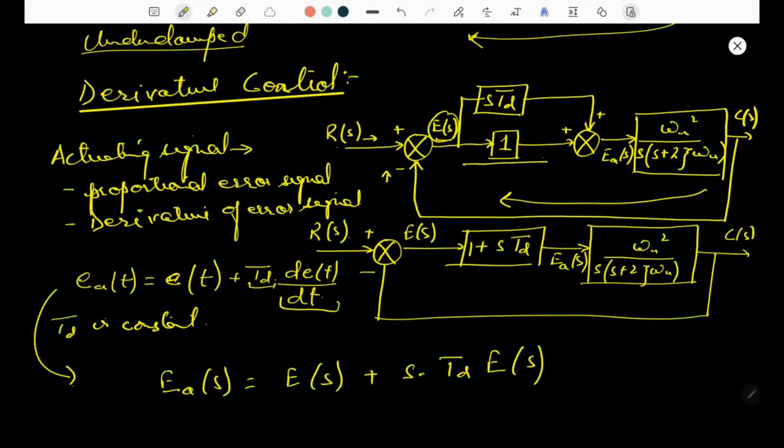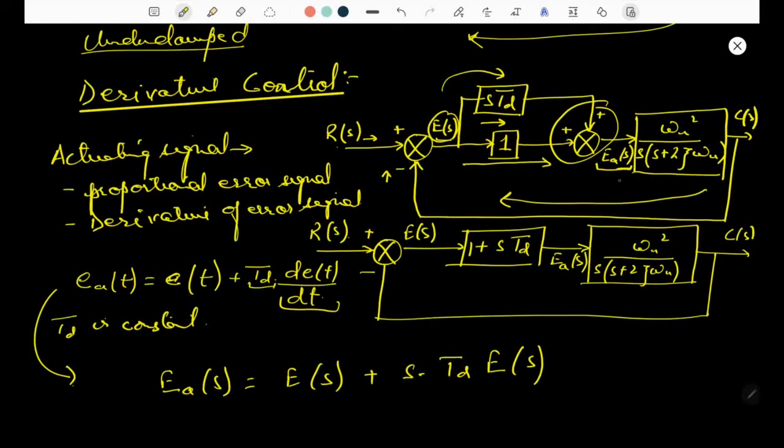This error signal moves on, and this is the proportional error signal and this is the derivative of the error signal. Both are summed up here, and we get the actuating signal.